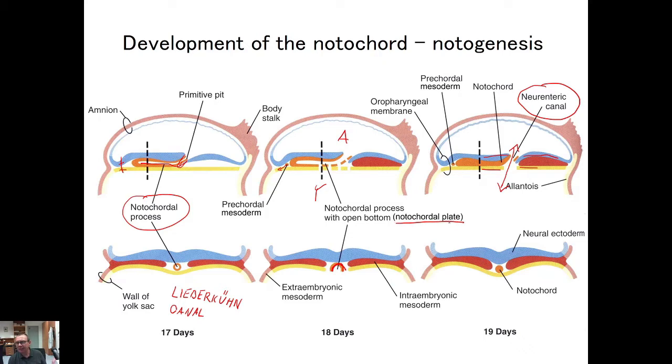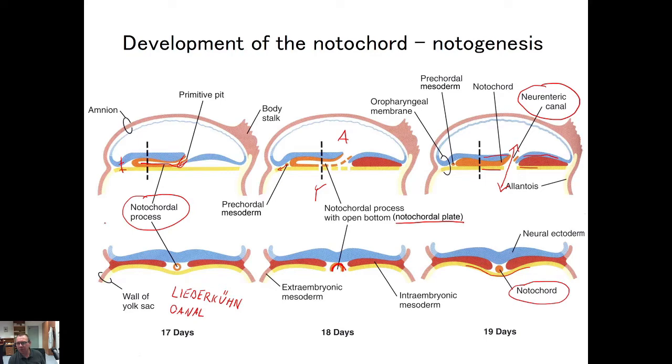And during the next days, two days, let's say, this communication disappears. Endoderm is healing, if it is possible to say, so becomes again continuous. And our cells here are forming again a solid cord, and it will now be called definitive notochord.